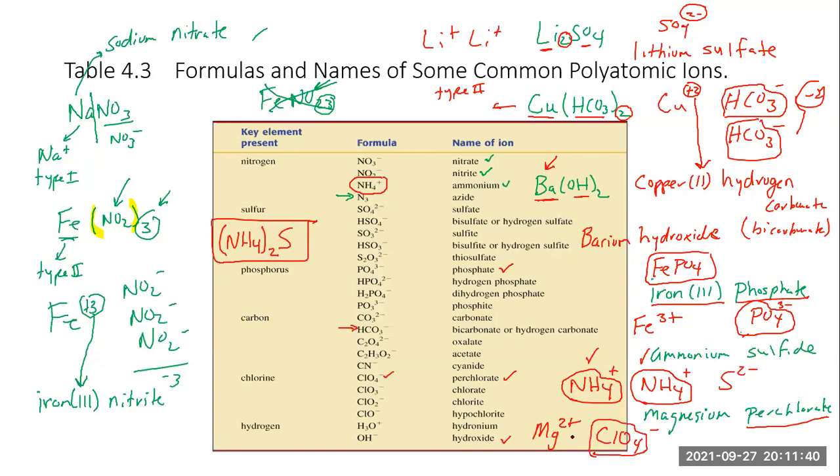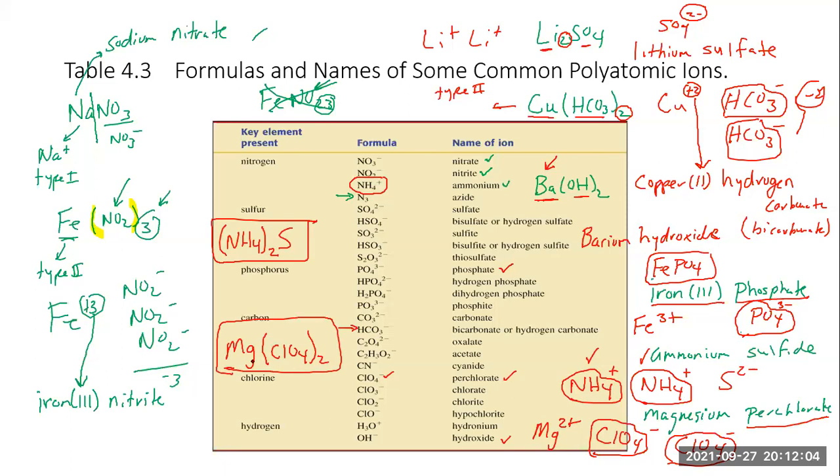So when we put it together with magnesium, we need not just one of them, but 2 of these to balance out the charge. That means when we put it together in a formula, Mg, because we have more than one polyatomic ion, we need parentheses, ClO4 and a 2 on the bottom. That would be magnesium perchlorate.